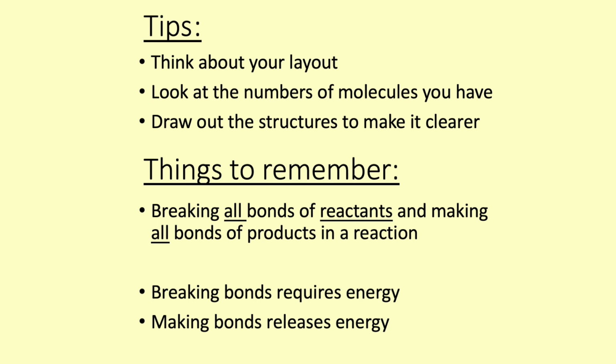Things to remember: we're calculating the energy when we're breaking all the bonds of the reactants and making all the bonds of the products in the reaction. Remembering breaking bonds requires energy, so it goes up in our reaction profile. Making bonds releases energy, and so it goes down in our reaction profile.